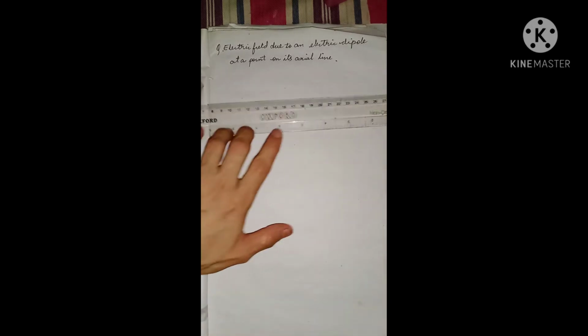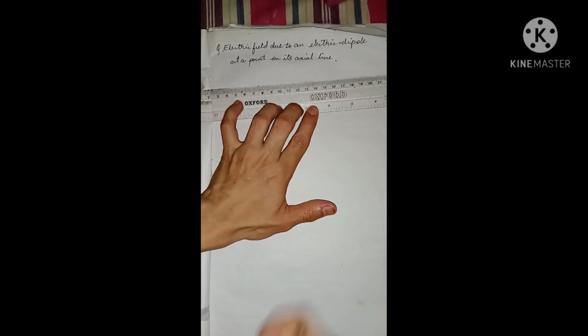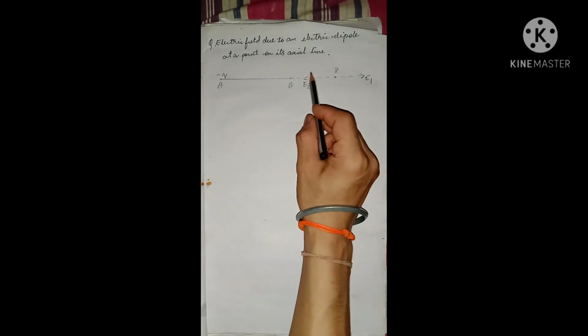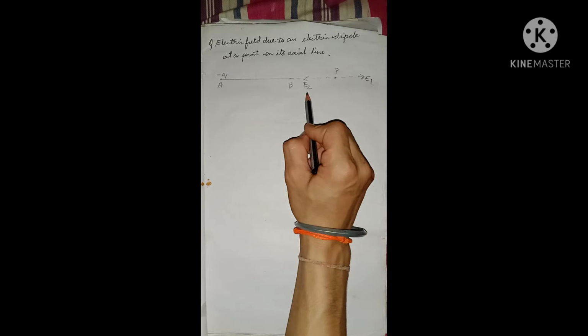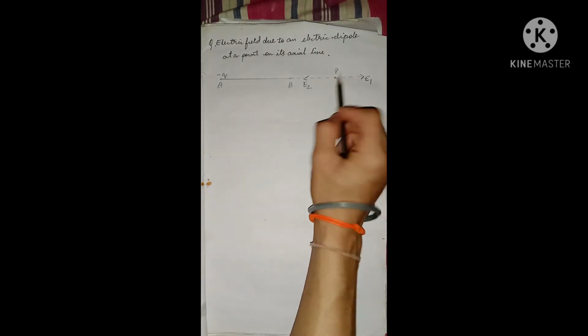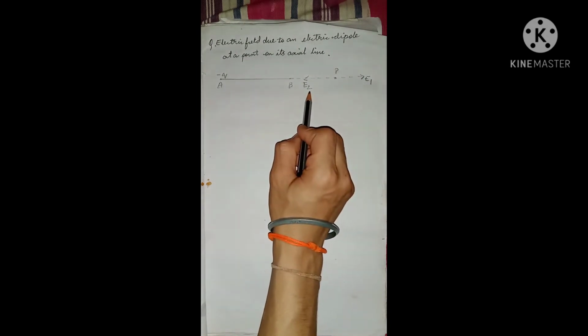Now the next proof is how to find the expression for electric field due to an electric dipole at a point on its axial line. So first of all, for this also we need to draw a diagram on the axial line. This point is taken as A and this point is taken as B, and the electric fields E1 and E2 are applied here at the point, and P is the dipole moment.